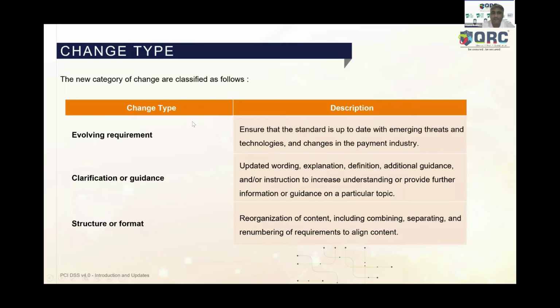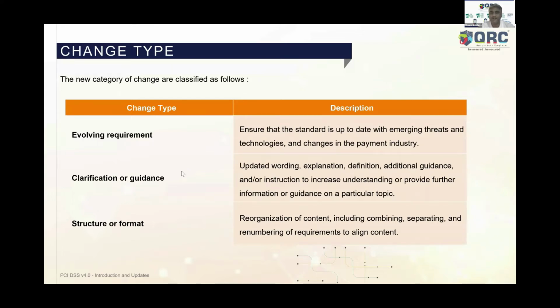So when I see the recent changes, there are actually three types of changes. One is evolving requirements, the second is clarifications and guidance, and the third is structure or format.